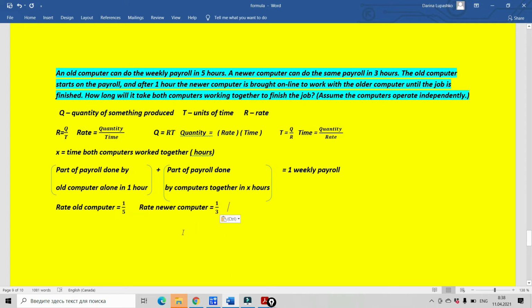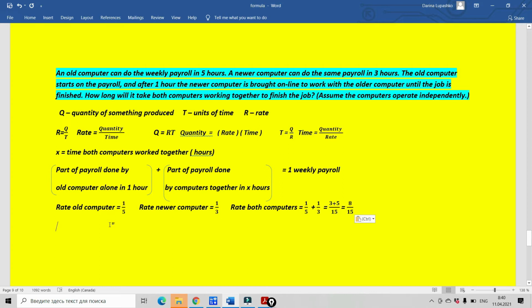When they work together, their rate is 1 divided by 5 plus 1 divided by 3, and it equals, the denominator will be 15 and the numerator will be 3 plus 5, which equals 8 divided by 15.